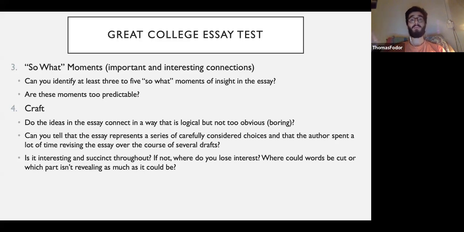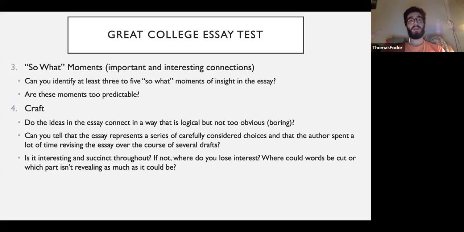I think this is an important part too, because when you read an essay, you can tell to a significant degree how much effort has been put into that essay.